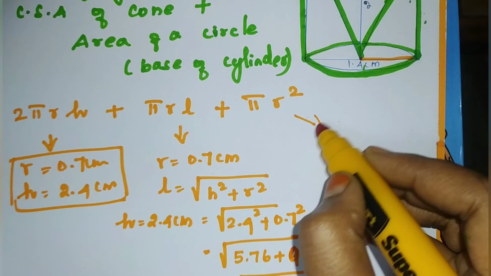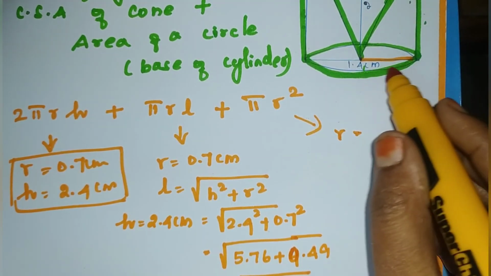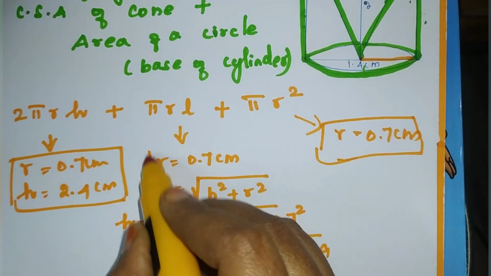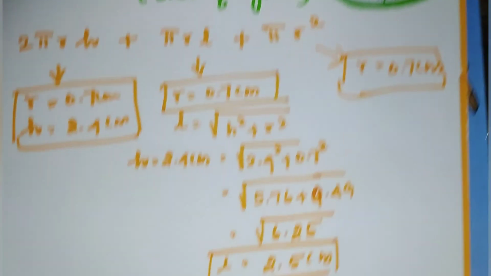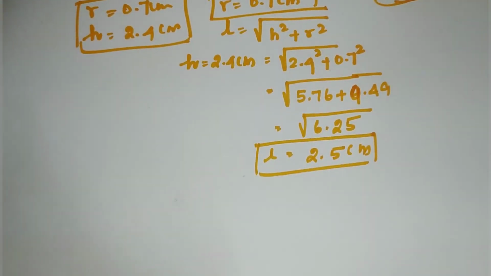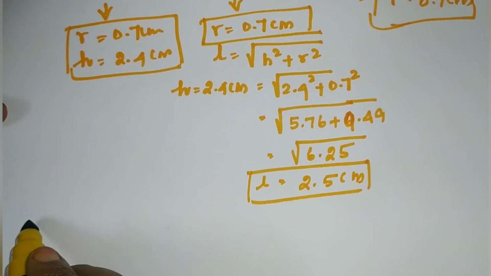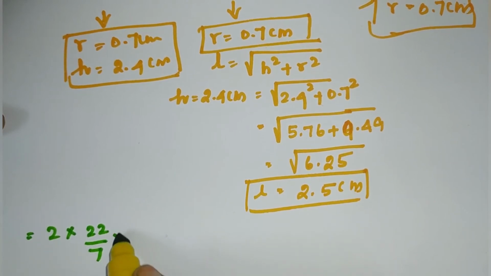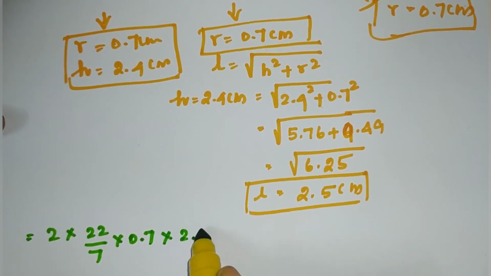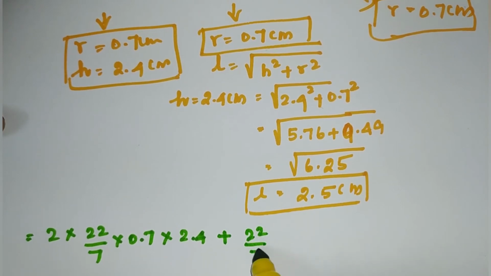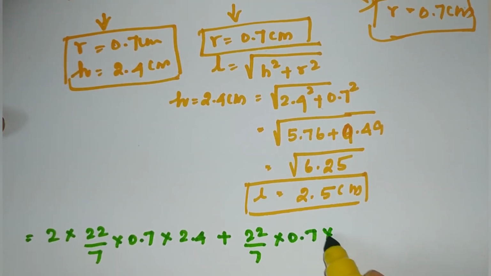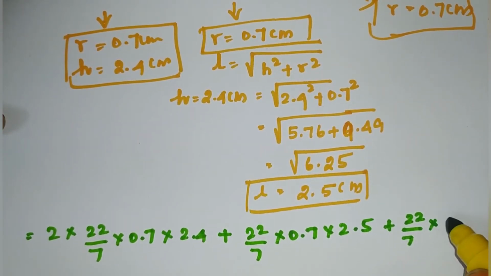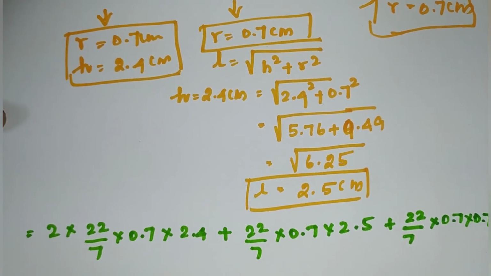Okay. And then the radius for the circle is 0.7 only, 0.7 centimeter. Now you have to substitute everything in the formula. Okay, so now listen carefully. 2 into 22 by 7 into 0.7 into 2.4 plus 22 by 7 into 0.7 into 2.5 plus 22 by 7 into 0.7 into 0.7.